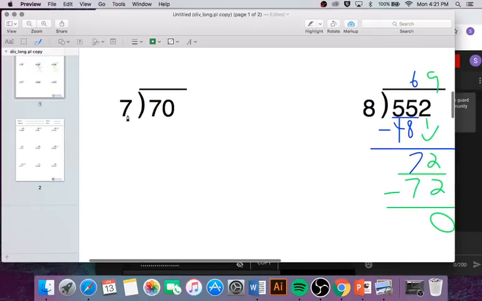Our next problem, we have 70 divided by 7. So we start with the 7. 7 goes into 7 one time without going over. 1 times 7 is 7. So now we're going to subtract 7 minus 7, which is 0.